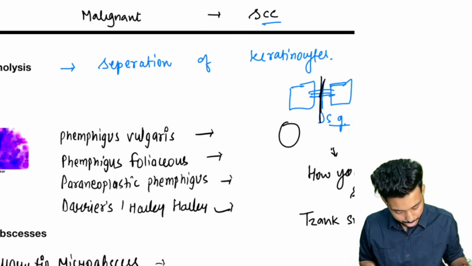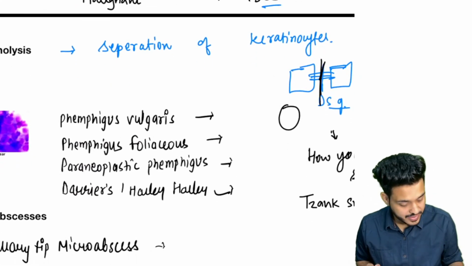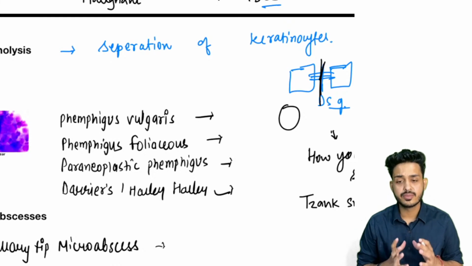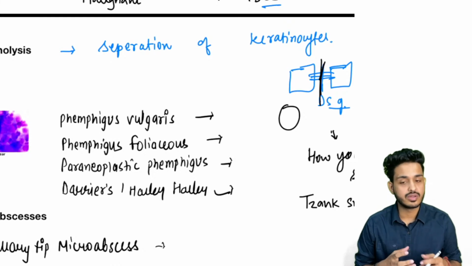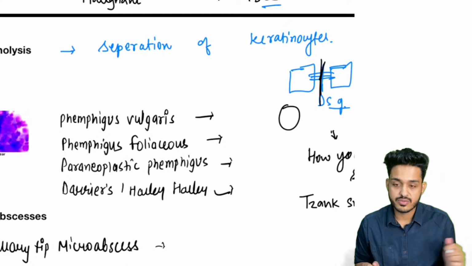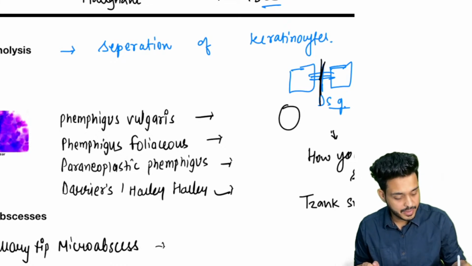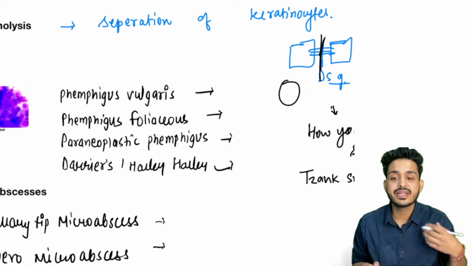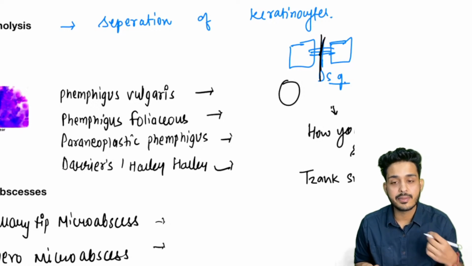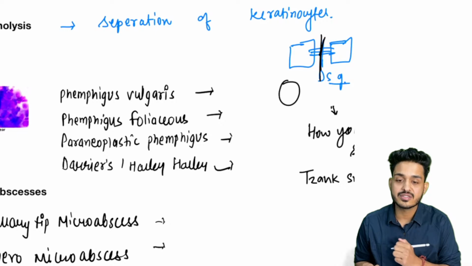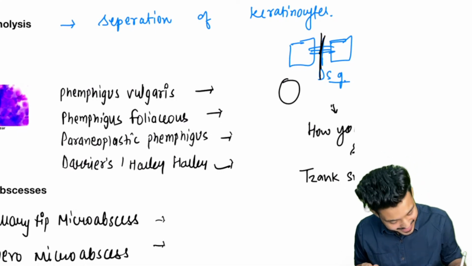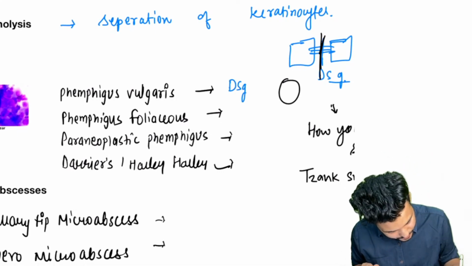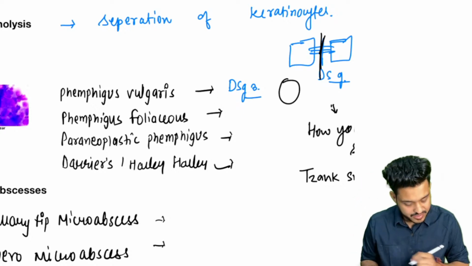In pemphigus vulgaris what will happen? I will be telling you the meaning of pemphigus and all these things in the later part of the class. So for now, just remember in pemphigus vulgaris there will be damage to desmoglein 3.